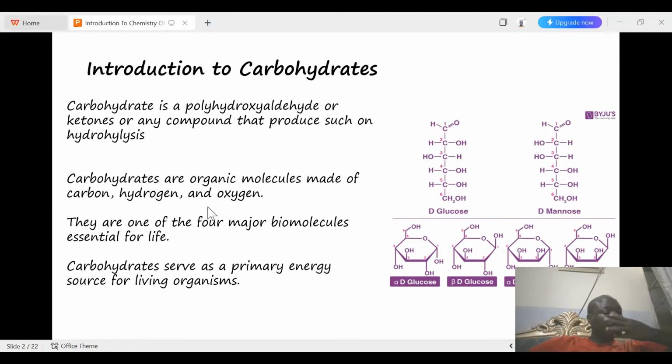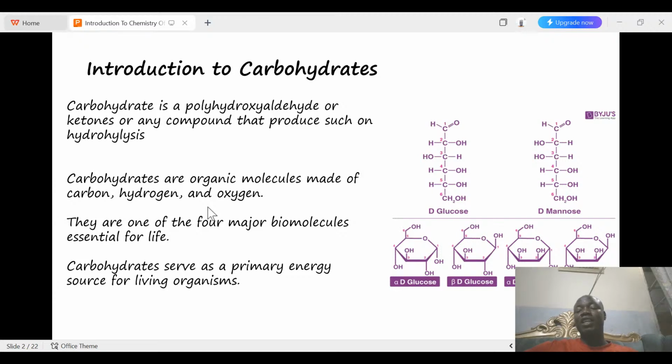So, we are now going to define what carbohydrate is. Carbohydrate is a polyhydroxy aldehyde or ketone, or any compound that produces such on hydrolysis. So the first thing that will come into your mind whenever you are going to define carbohydrate is the functional group of the carbohydrate.